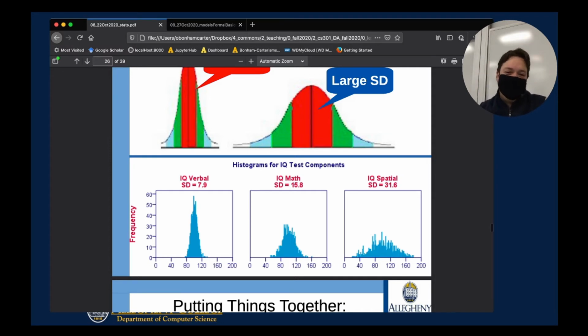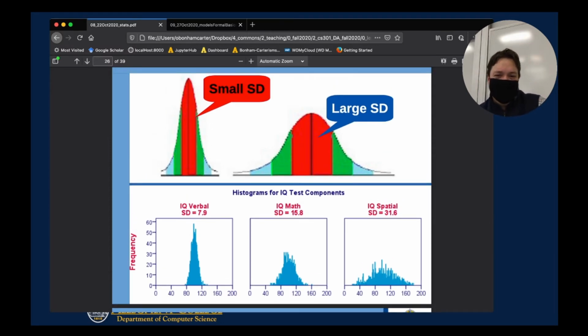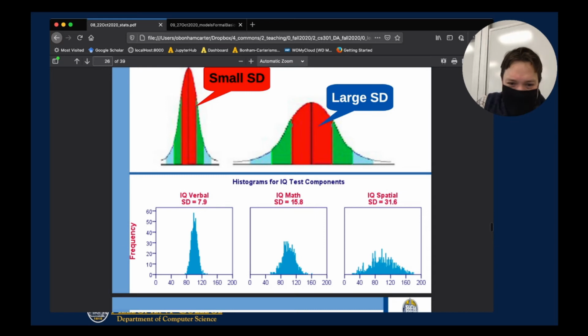In this case, this is a test: the IQ verbal, the IQ math and the IQ spatial. These are all tests, and these results determine where my test takers' grades are actually falling. Here I'm finding that most people taking their verbal tests are doing well around 7.9. With the frequency, that means more people are gathering in the middle there.